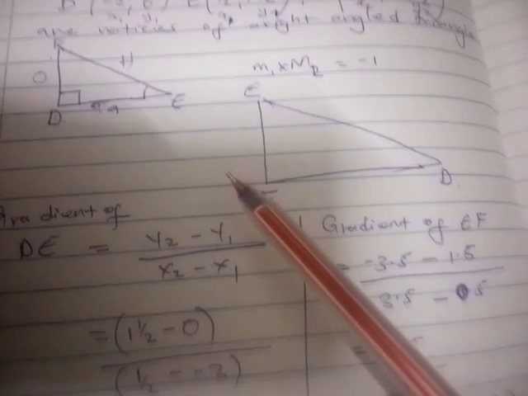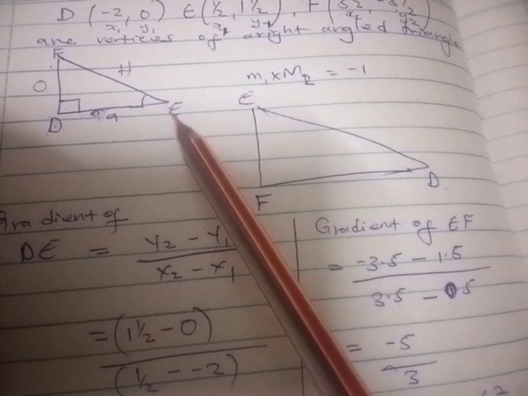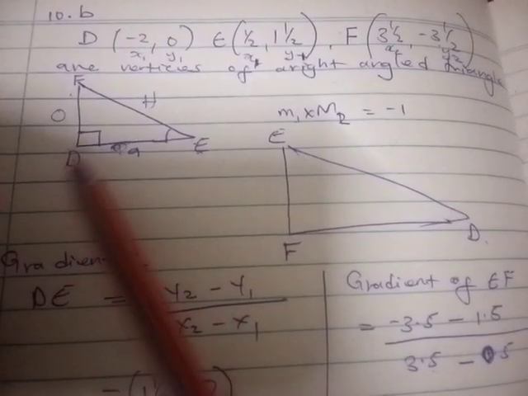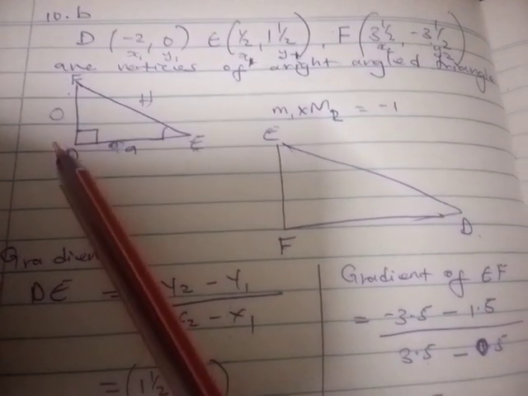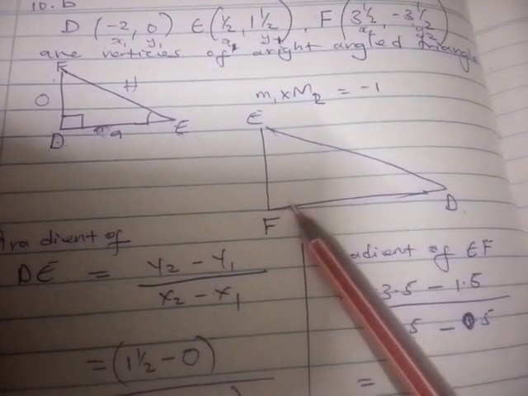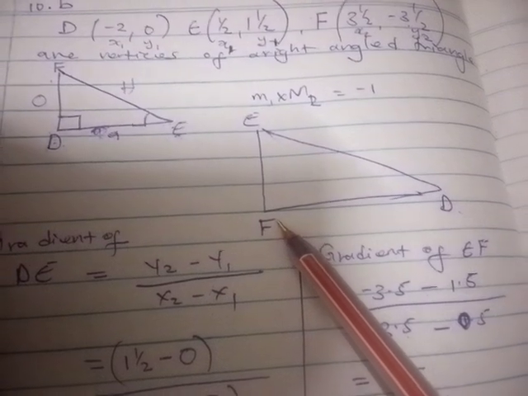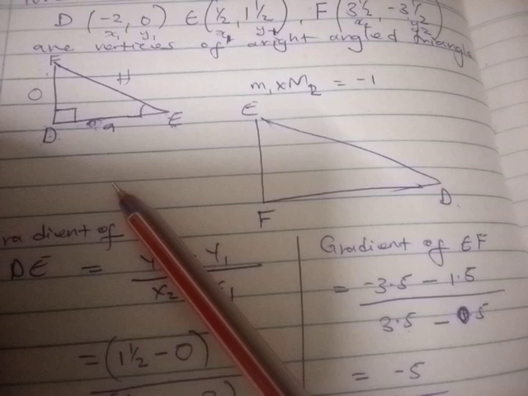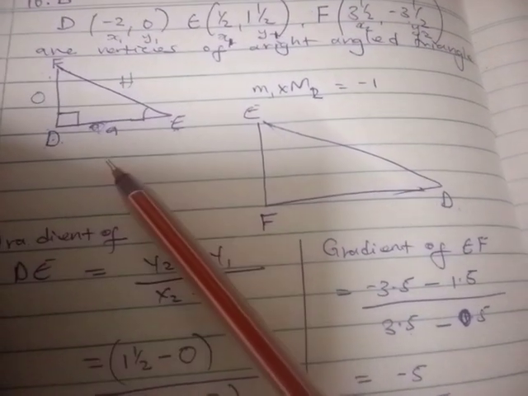They say that the shortest side is either DE or FE, then FD. I've said don't use the one I told you at first, where you compare only these two. Because someone can name the triangle differently, so you might find that EF is the shortest, yet you named it in your own way and made this one the longest side. So it's better we find all the three distances.